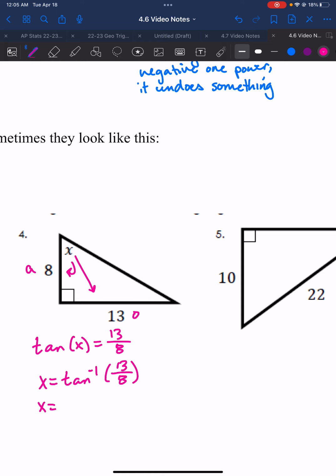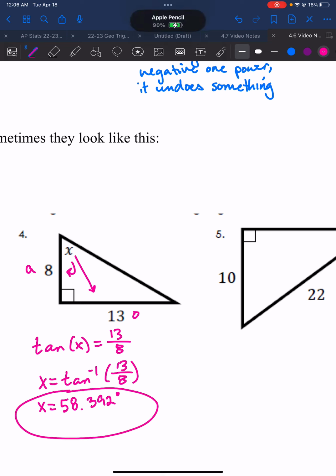Well, 25 is closer to 0, so we would call this 58. But looking at it, thinking about it, if we had this value, it would really be 58.392 degrees for that angle.